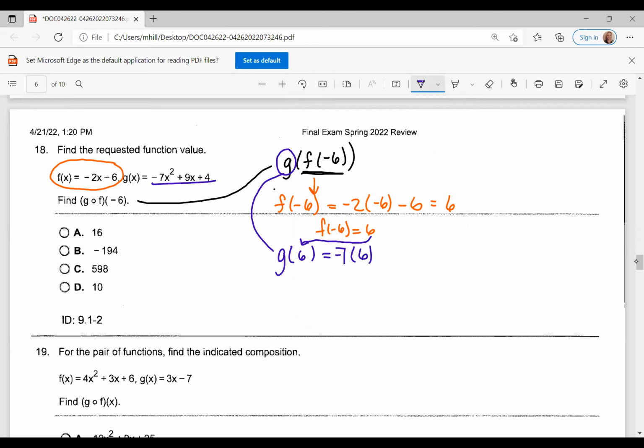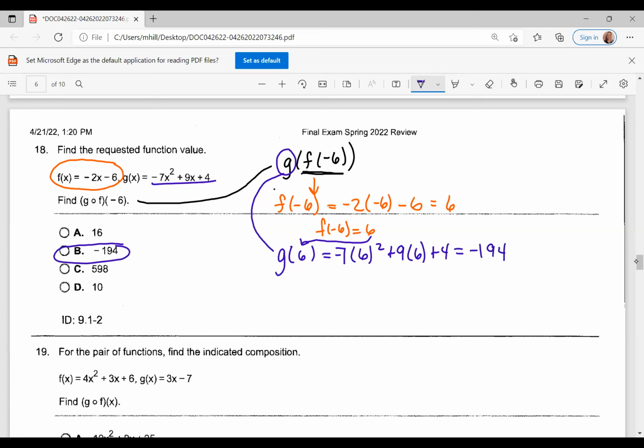We're plugging in 6 wherever we see an x. -7 times 6 squared plus 9 times 6 plus 4. So -194 is our answer there.